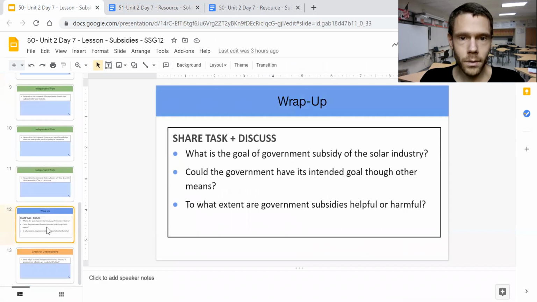When you wrap up the lesson with your teacher and your classmates, you'll want to think about these questions and consider if these subsidies overall are more helpful or more harmful to not just the solar industry, but to the American people as a whole, and really to our global population as it relates to climate change and our carbon footprint.